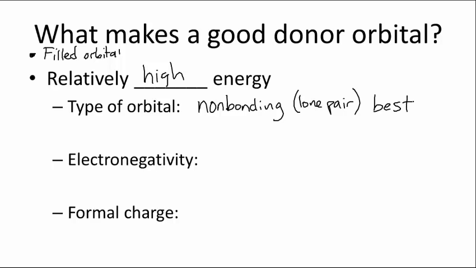And then what would be second best? Let's say we have a molecule that doesn't have any lone pairs in it. What would be the second best donor orbital? A pi bond, yep. And what are going to be the worst donor orbitals? Sigma bonding.